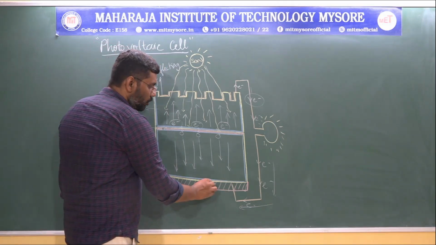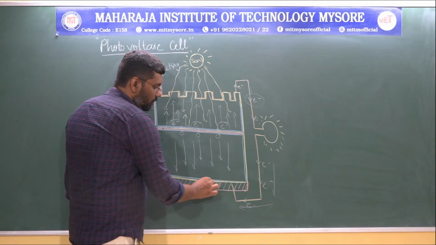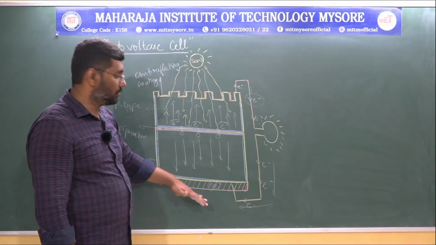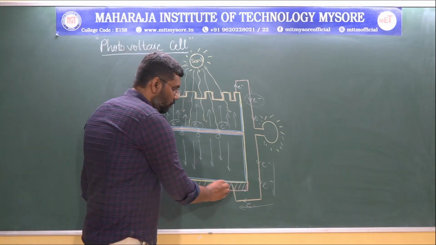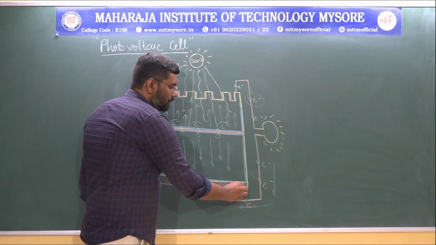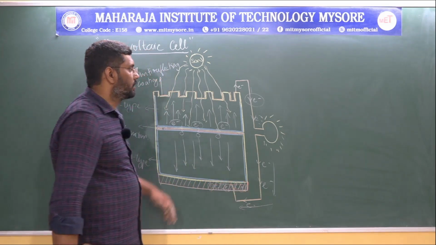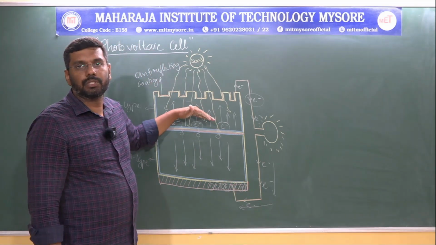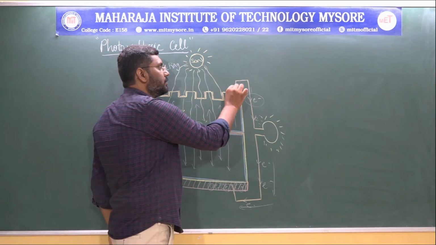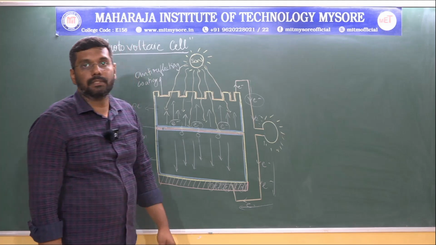So the holes and electrons which were already present, as the migration of holes takes place from the PN junction to the n-type, this electron-hole pair will be created, and hence this process will be continuous as there is a continuous usage of solar radiation. Okay, so this is the mechanism which takes place in PV cells.